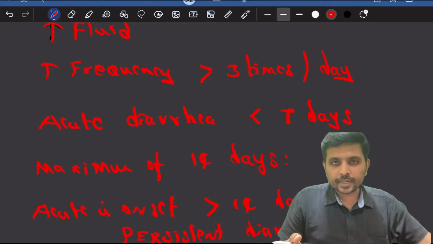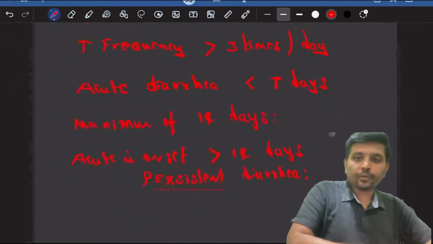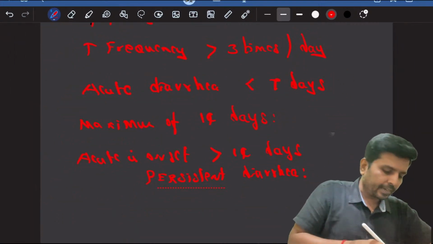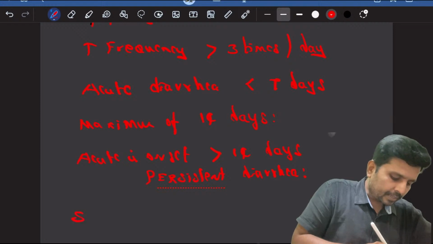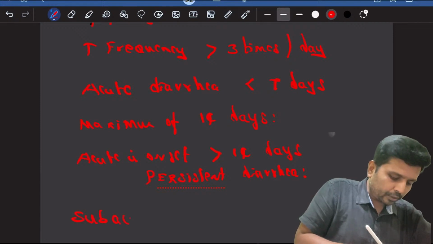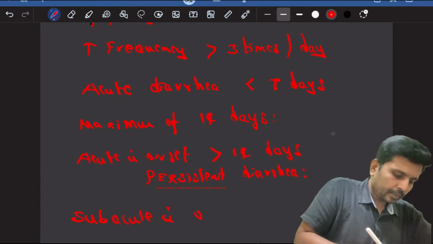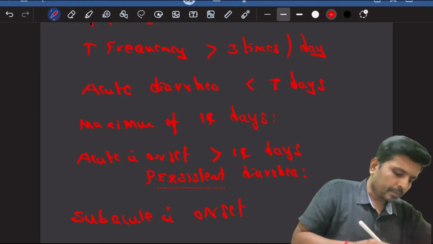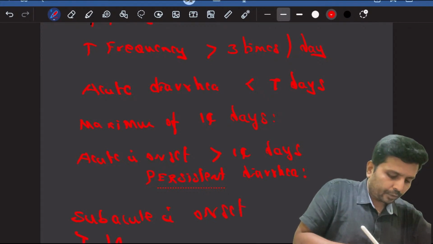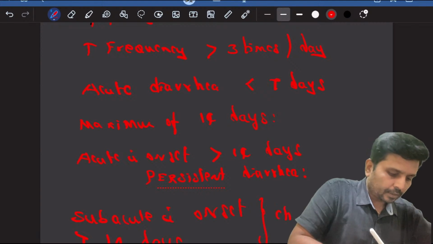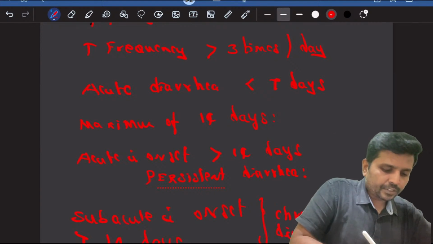Subacute in onset, lasting more than 14 days, is called chronic diarrhea, which is generally due to malabsorption.